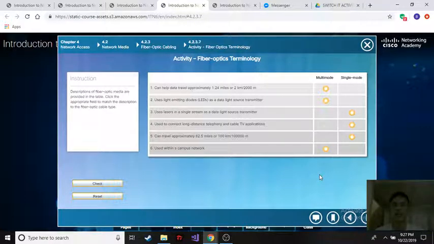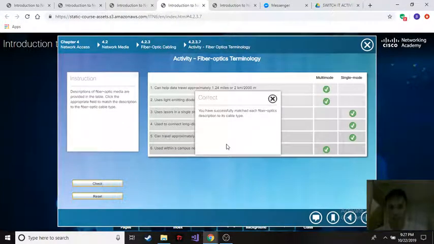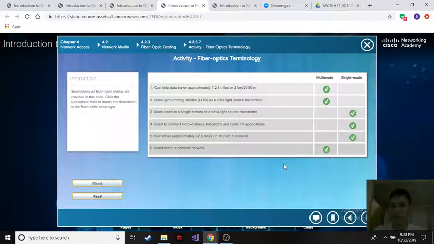I think I have some mistake here, but I'm not sure. But to know that, let's check our answer. But I'm not sure if this is all right. Oh, so I'm glad that we got all the correct answers by identifying which fiber cable type is described in the following questions.